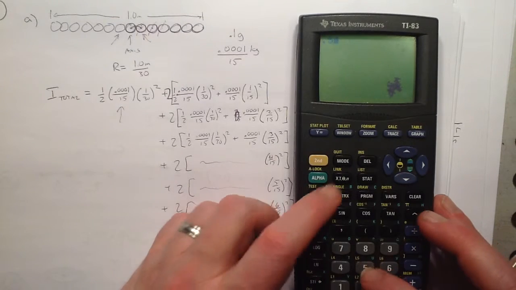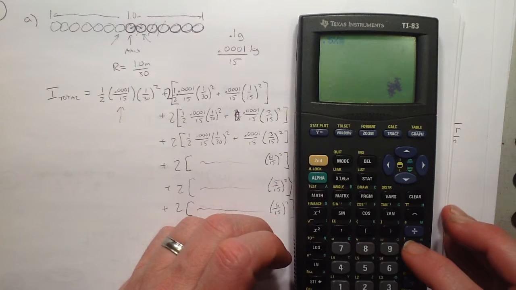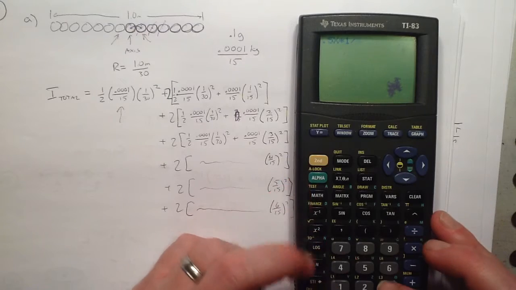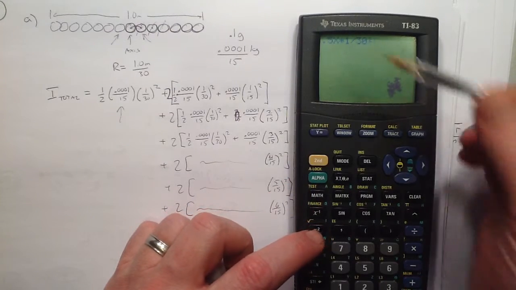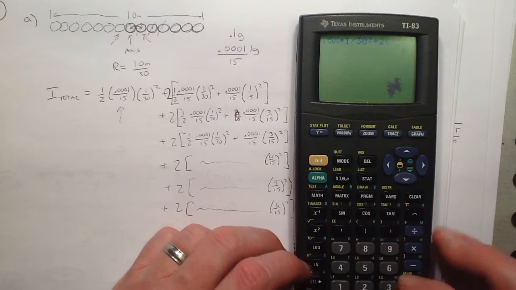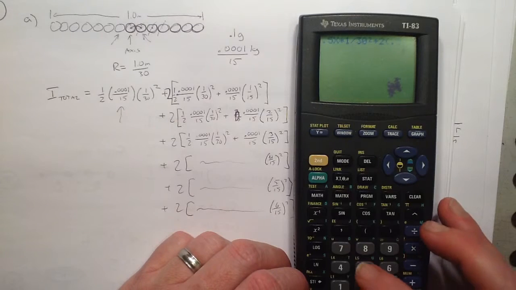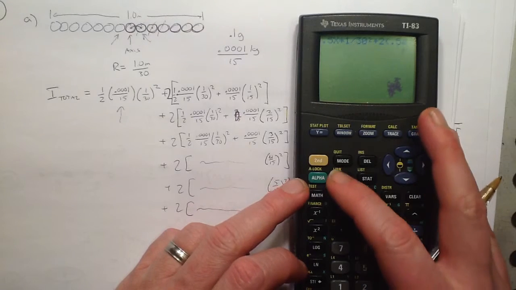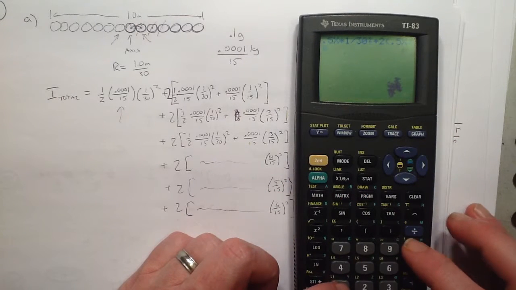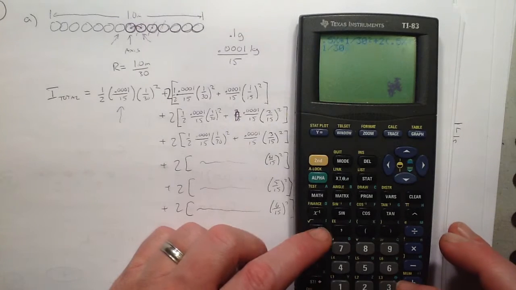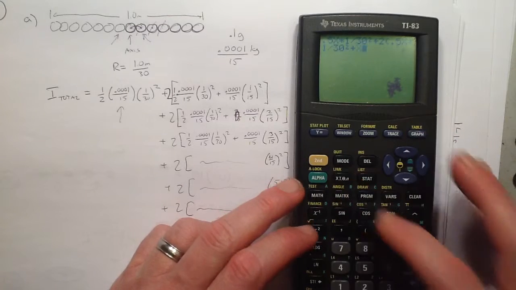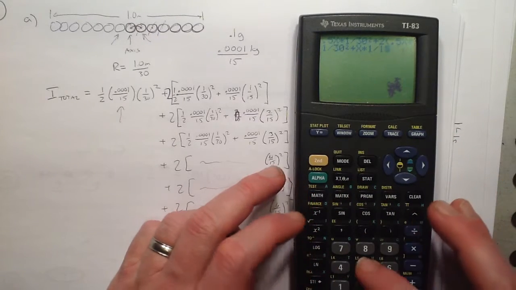So I have 1/2 times the mass times 1 over 30 squared. The 1 squared is just 1, so I don't have to worry about that. Plus 2 times 1/2 m times 1 over 30 squared, plus m times 1 over 15 squared.